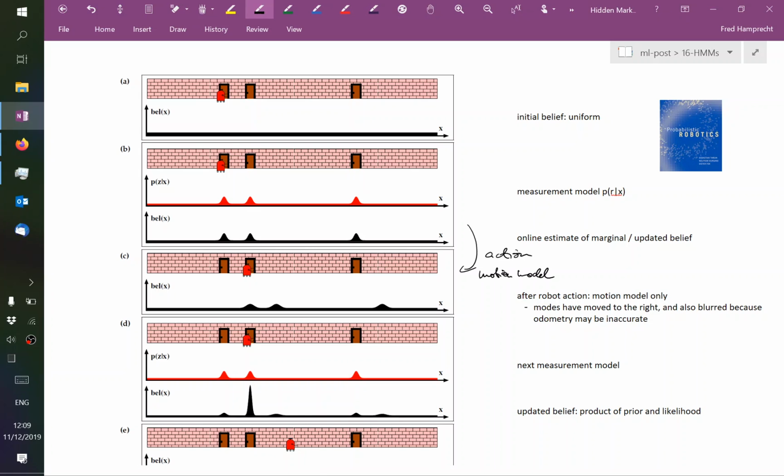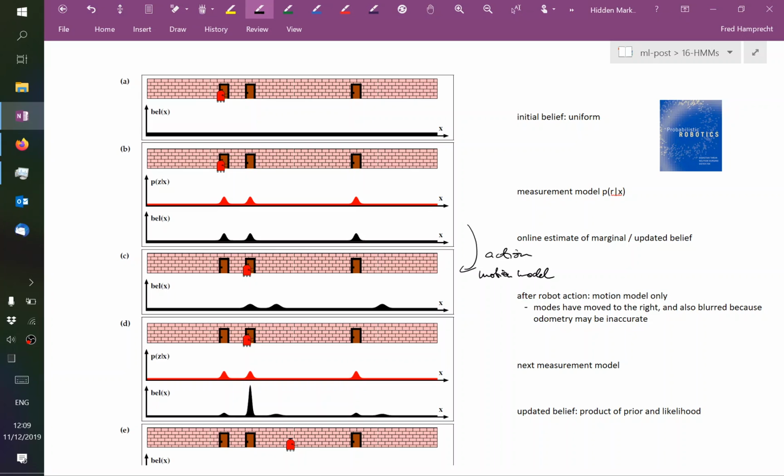And we can now integrate out this previous state variable, x1, to get our updated estimate of where we are.